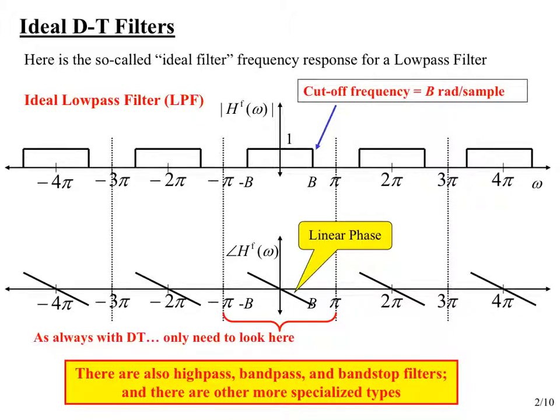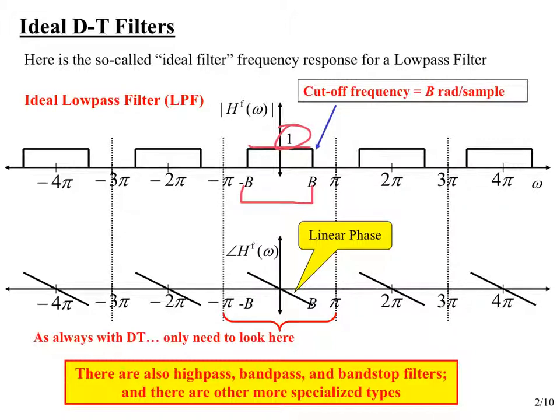So those two requirements led to speccing within the passband, from minus B to B. Suppose the input signal's Fourier transform lies completely between minus B and B. What we need is a constant magnitude, and we're speccing it here as a constant of 1. It doesn't have to be 1, but the important thing is that it's constant.